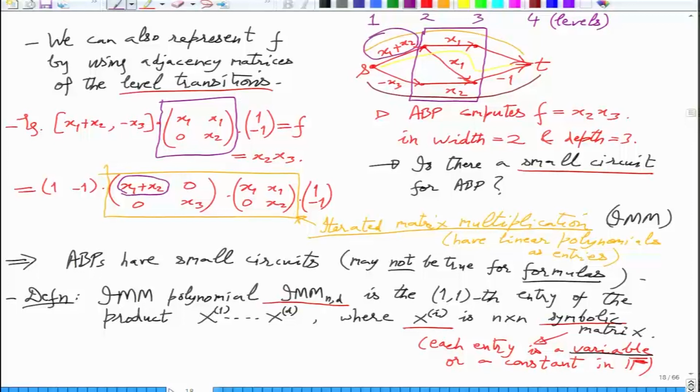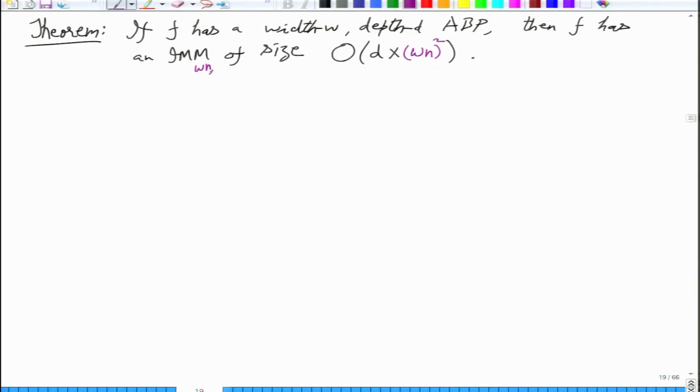Oh, number of variables. Okay, so width is Wn, depth is d. So this is IMM Wn comma d representation. So ABP can be converted to an IMM and IMM can be converted to an ABP.